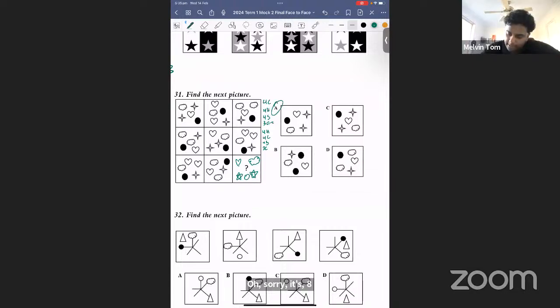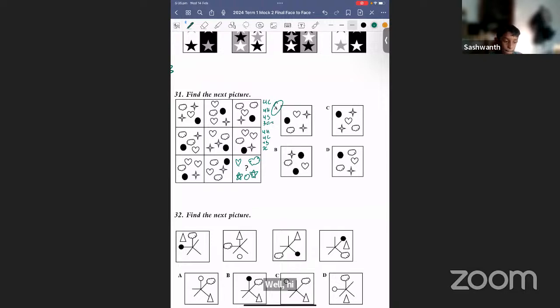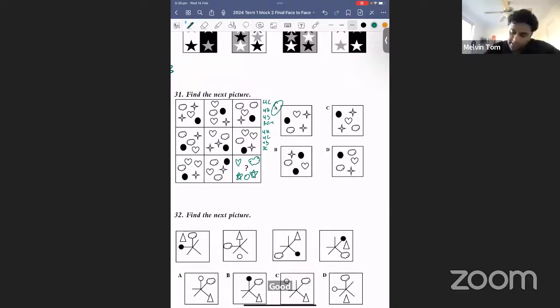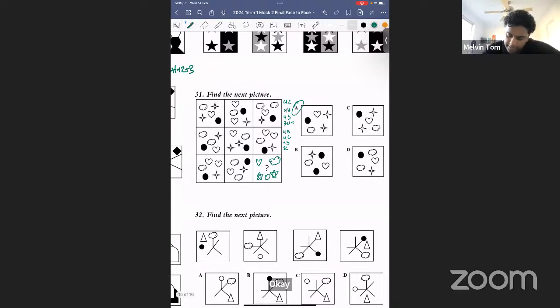Good. All good? Wait, how do you find the difference between A and C? That's what I was just checking right now. A and C, I'm pretty sure there was a difference. I think it was how they move. Let me double check.